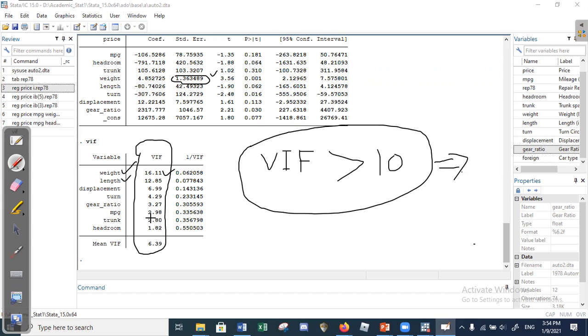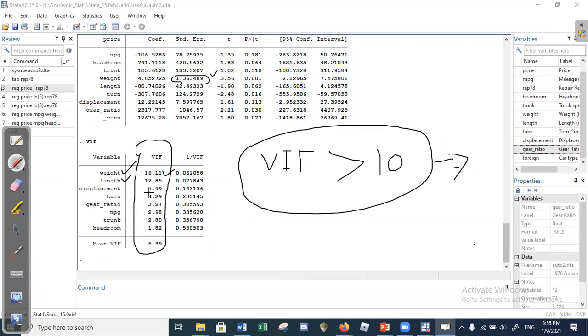So although there is inflation in the case of every variable, two numbers are actually more than 10. So you would say that the variable weight is highly correlated with all other variables, and similarly the variable length is highly correlated with all other variables. In the language of econometrics, we would say that two variables, weight and length, are highly collinear with other variables.